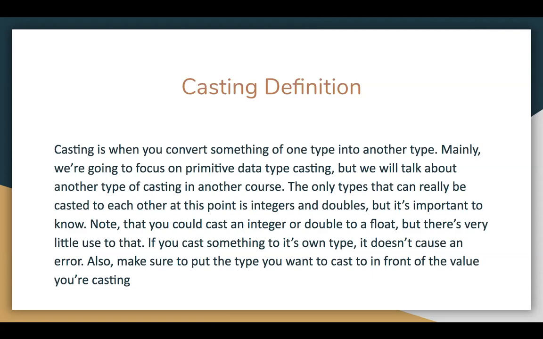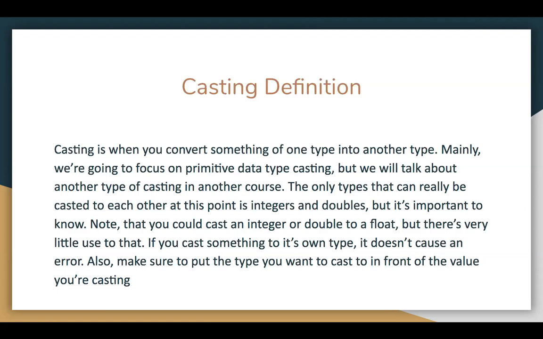The only types that can really be casted to each other at this point are integers and doubles, but it's important to note that you could cast an integer or double to a float, but there's very little use to that since, if you remember, floats are not commonly used and they're also very imprecise. So usually you wouldn't see people doing that. You would usually see integer to doubles or doubles to integers.